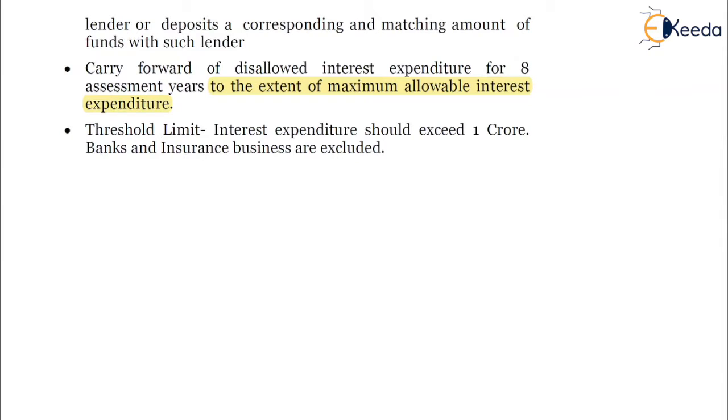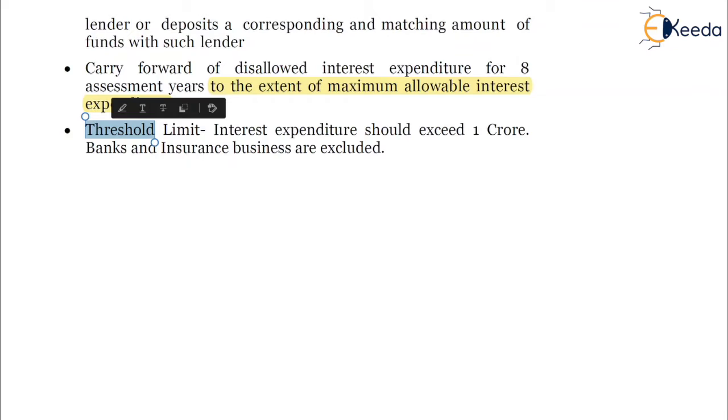It is not that if 30 is carried forward, it is over and above the limit and will breach the limit of 70 rupees. The interest deduction will always be limited to, let's say, 30% of EBITDA. It can never exceed that amount, even if you have any brought forward interest deduction amount. So year on year, this limit will be applicable. It doesn't matter if you have a carried forward interest amount or not.